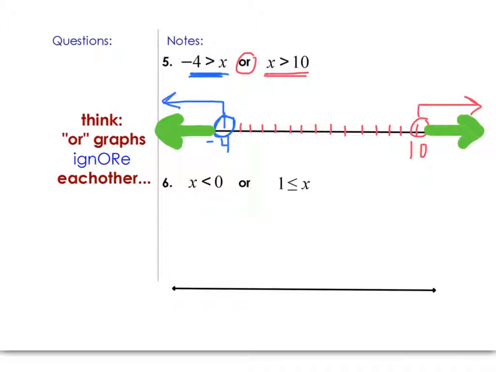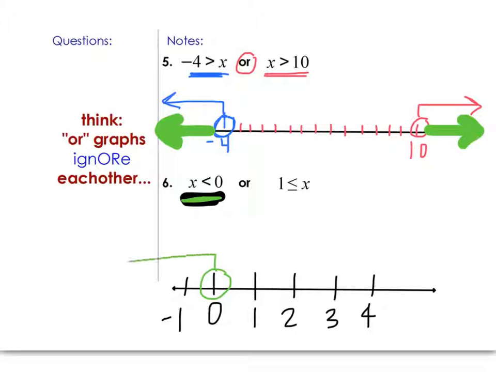So I have x is less than 0. So if I come over to my graph, if x is less than 0, I have an open circle at 0. I want everything to the left.